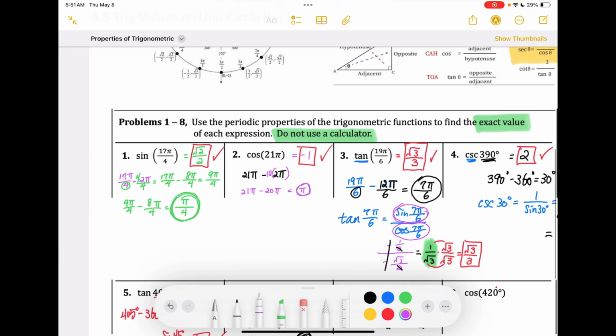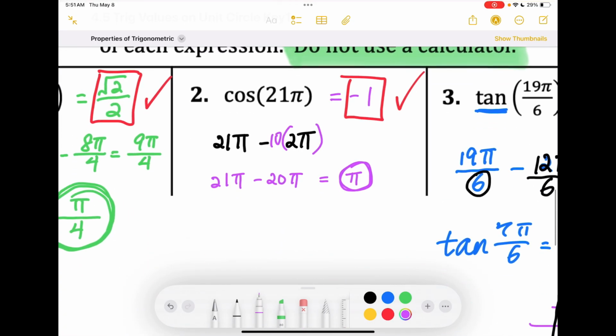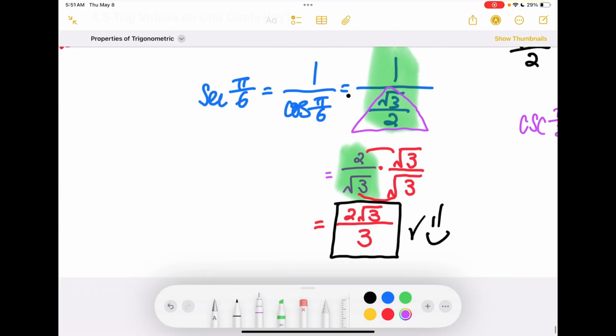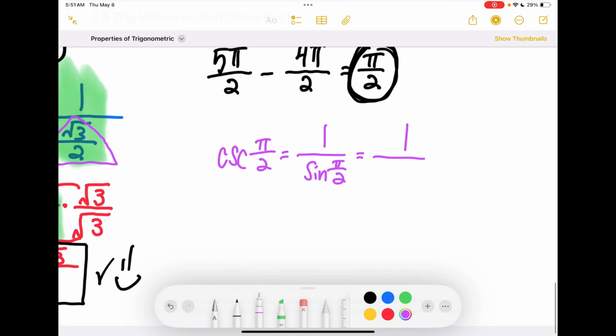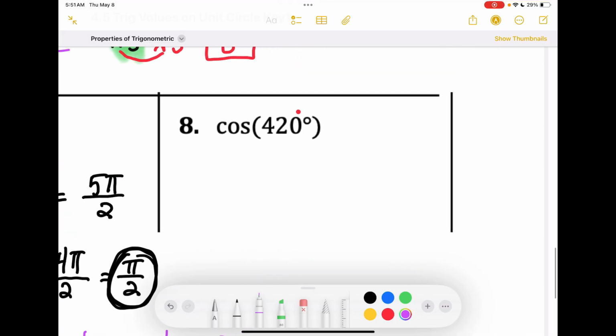So what you see is what you got. So I forgot the unit circle. So seeing is believing. So make sure sine is my second number. So that will be 1 over 1. And what is my final answer? Still 1. Perfect. Do not need a calculator.